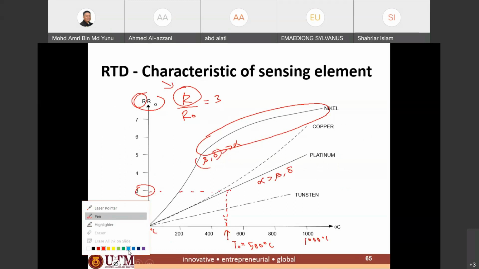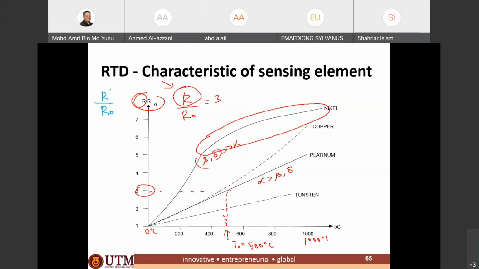But first, we look into the chart here, the RTD characteristic. It is plotted based on R over R naught.